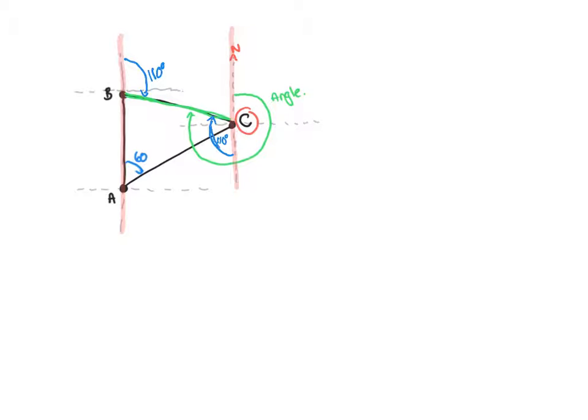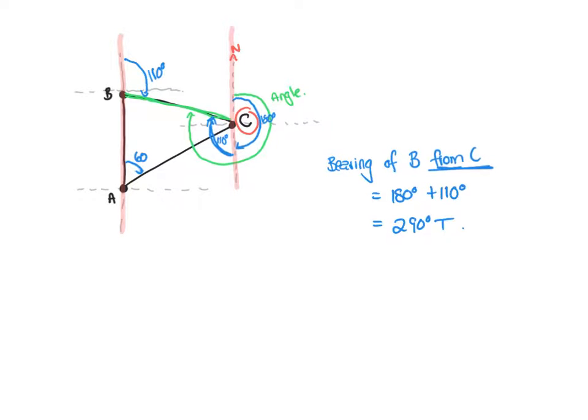So if you know this little bit is 110, you just have to add the straight line bit, which is 180. So the bearing of B from C, that's what they're asking, is equal to 180 plus that 110 degrees, which is going to be 290 degrees true.